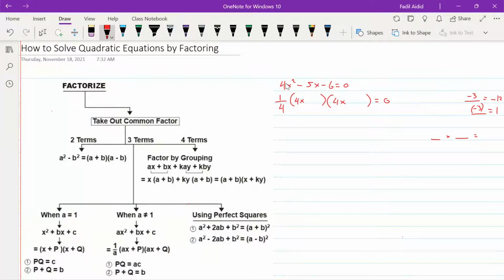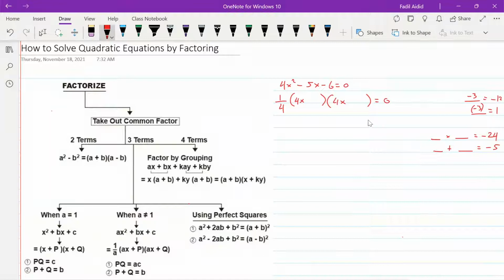The a is 4 in this case, and c is negative 6. So 4 times negative 6 is negative 24. So the product of the two numbers that you need to find must equal negative 24. And when you add them, it must equal b, which is minus 5, so negative 5 in this case.